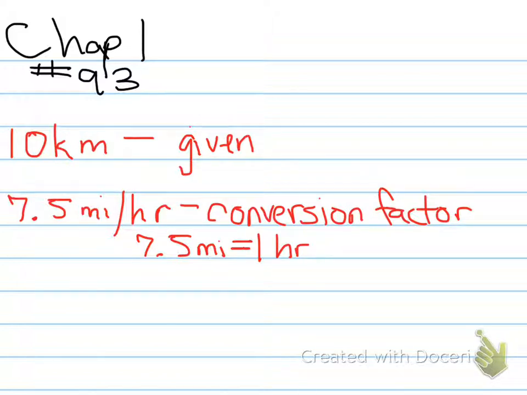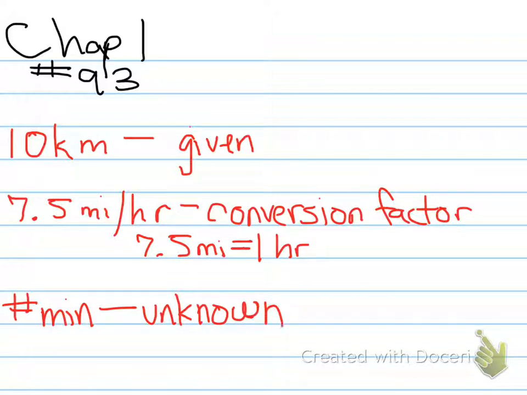Then it says how many minutes must she run. So the number of minutes is our unknown. So the goal of this problem is to convert from our given into our unknown using our conversion factor.